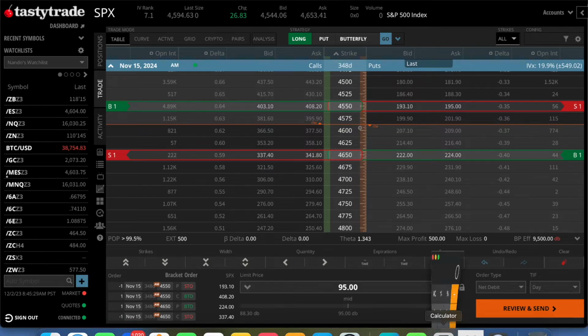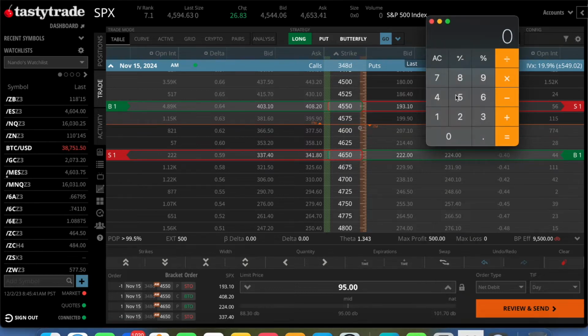All right, so let's get an exact number. So we're going to make 500 on this trade no matter where it closes next year. And we divide that by the money that's being withheld in buying power, which is 9,500. And we end up with 5.2%.